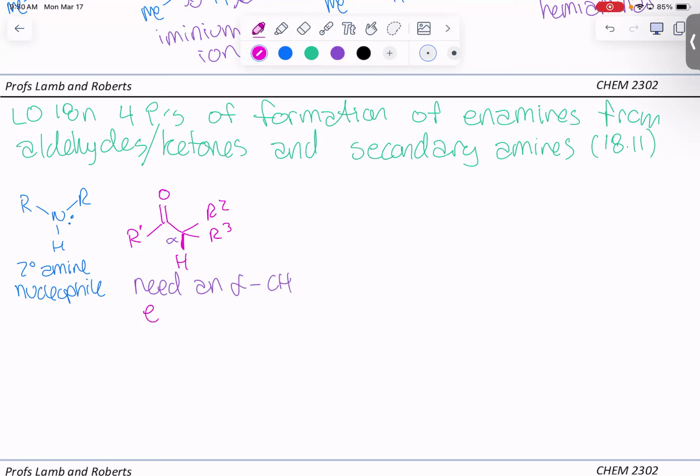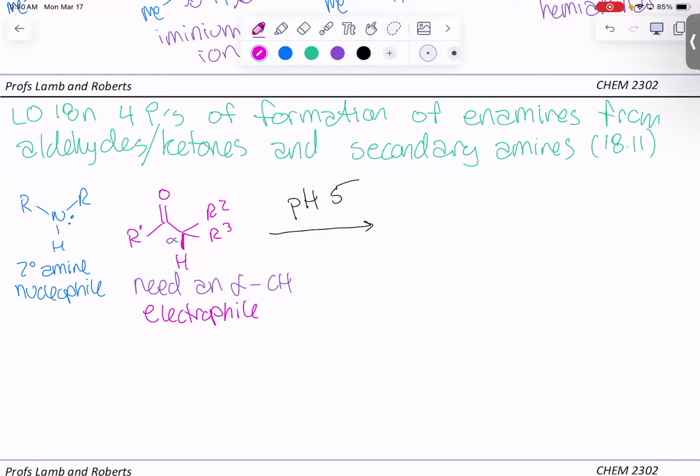All right, and this is going to be our electrophile. All right, we're going to see in the mechanism why we need that. All right, this is also at pH 5. It is a condensation reaction, but there's other irreversible steps, so we draw it as an irreversible arrow, not as equilibrium.